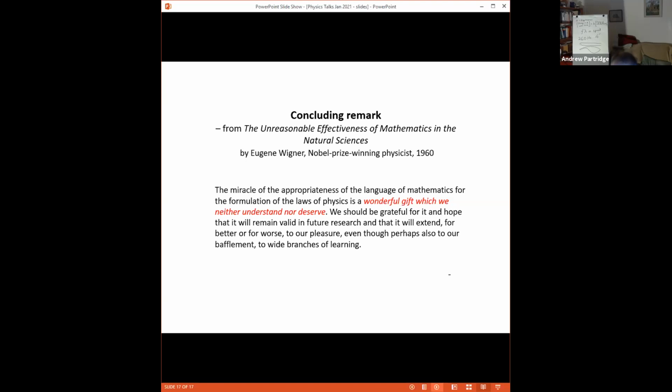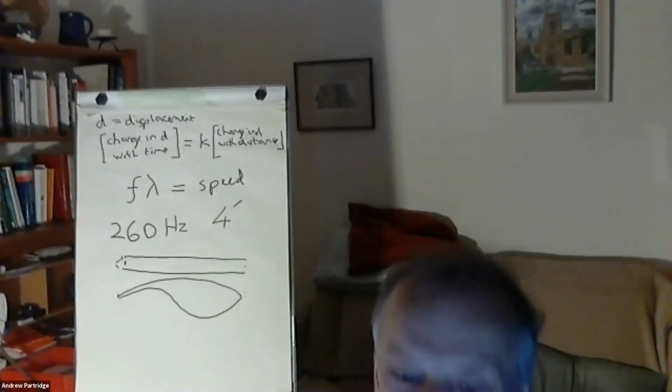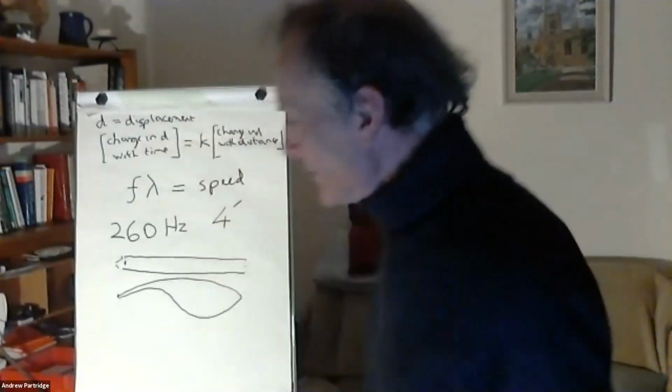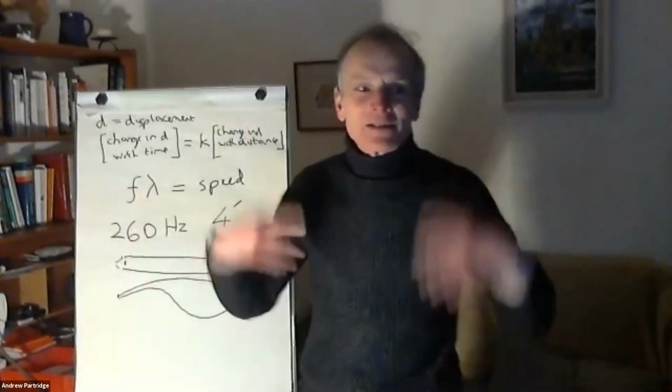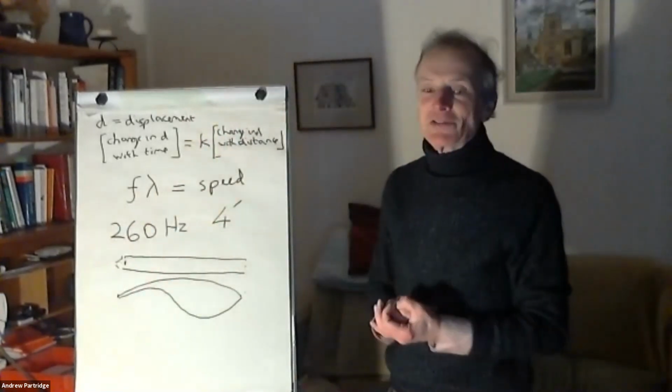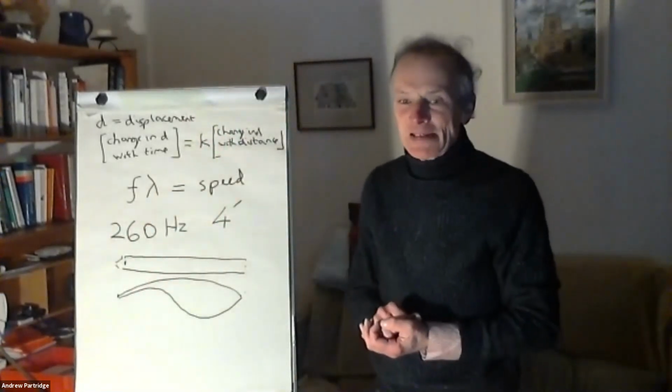I'll let you read the rest of it. So that is quite mysterious as to almost why funny little mathematics, which after all is a human invention, isn't it? It's just us playing around with numbers and lines and geometry and all this sort of stuff.